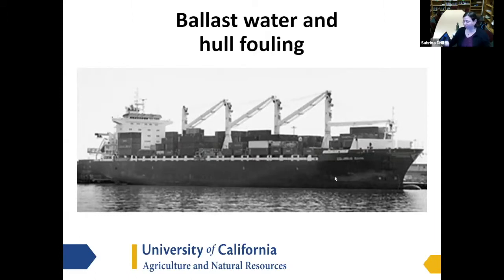If they fill up with ballast water in one area, then get to a new area and load a lot of cargo, they want to get rid of that ballast water. It used to be that they would just dump it into their new water body, and anything that was living in that water, which could include both adult and larval forms of other organisms, got introduced into that new water. There are some methods now of either superheating ballast tanks or sterilizing them in other ways to reduce that.